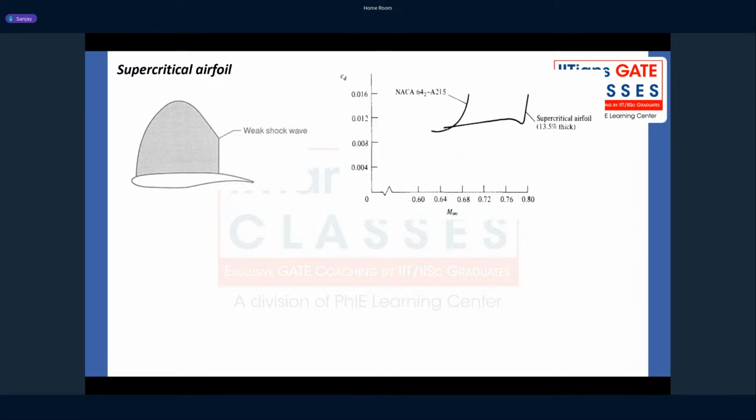You can see the normal aerofoil has its critical Mach number over here, and the supercritical aerofoil has it over here. The drag divergence Mach number has increased from 0.65 to almost 0.77, which is a huge increase. This gap is huge.